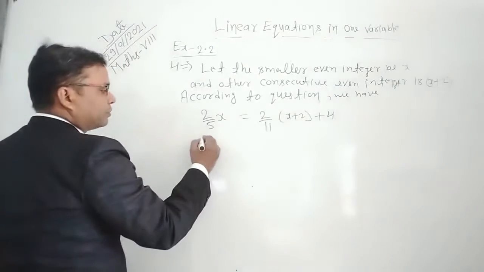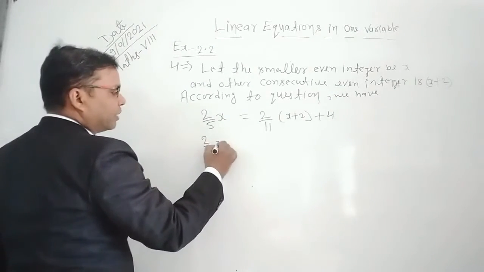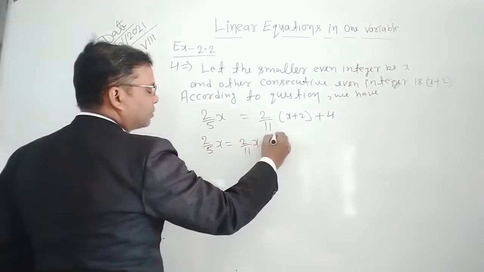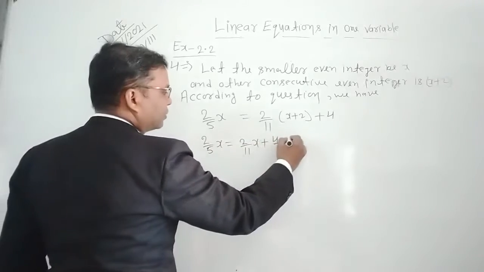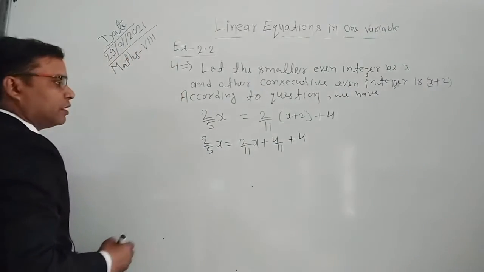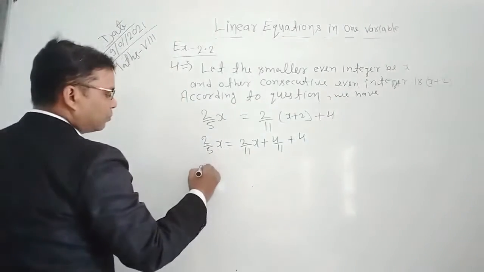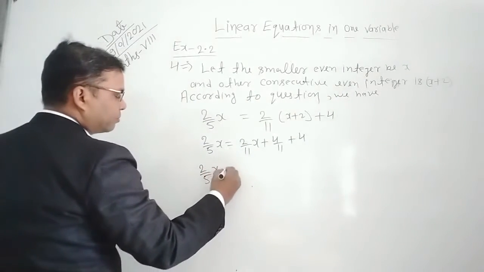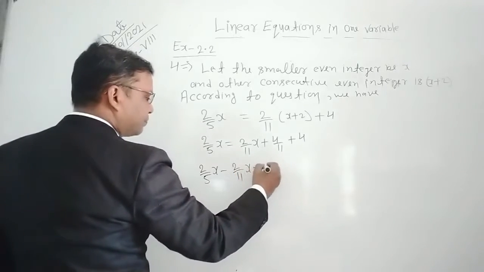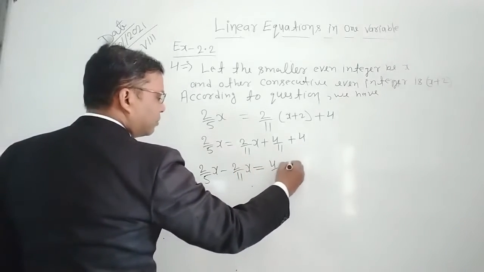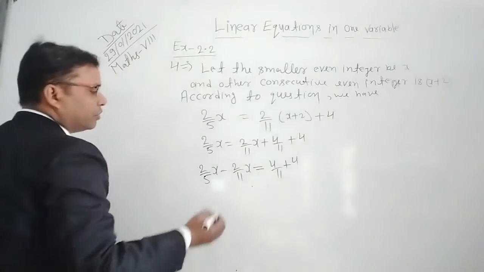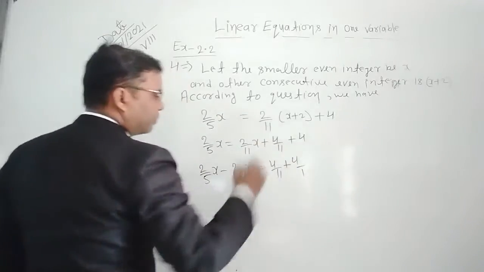So here you get 2/5 x equal to 2/11 x plus 4/11, plus 4. So 2/5 x minus 2/11 x is equal to 4/11 plus 4, which you can write as 4 by 11 plus 4 by 1.